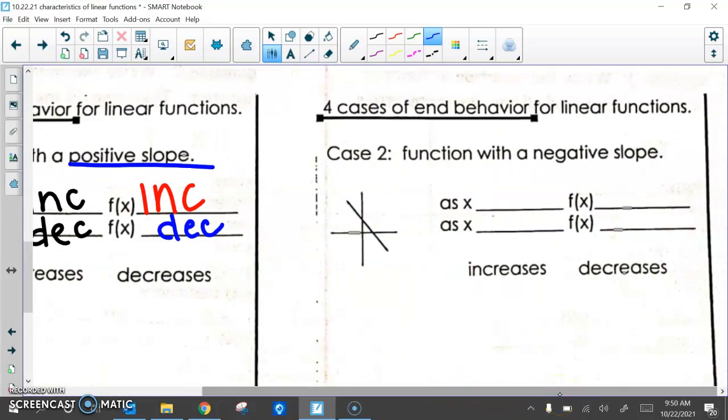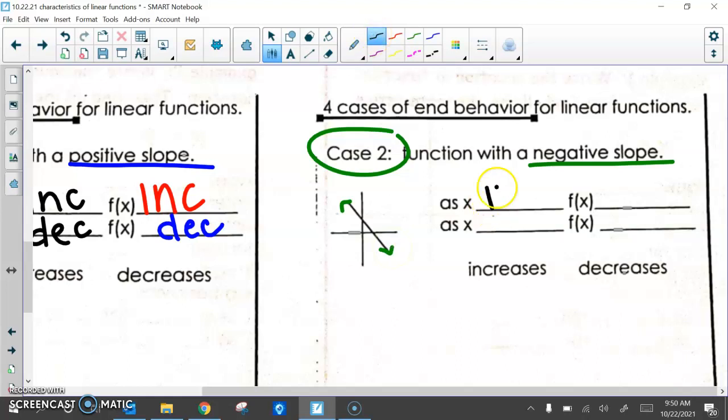But for case number 2, what if it's a negative slope? Again, we have our 2 sets of arrows. It's always going to be increase and decrease over here. As x increases, these are the positive numbers, so that's the right side of the graph. As x increases, what is f of x doing?